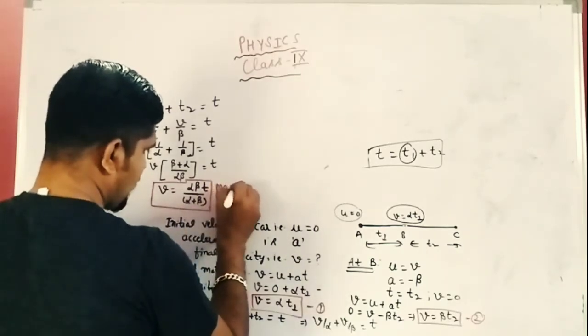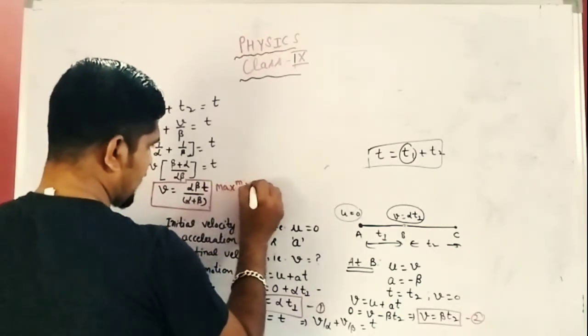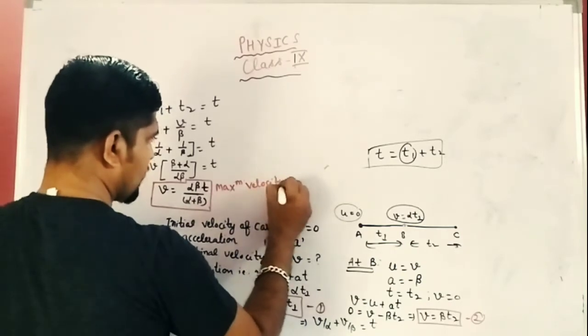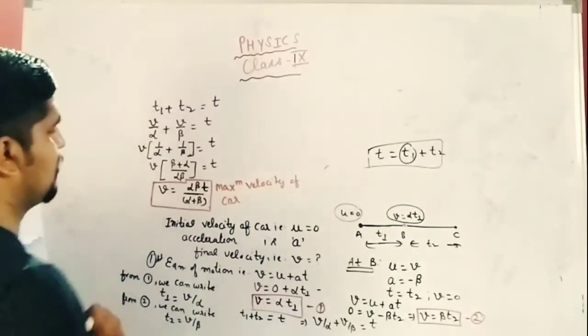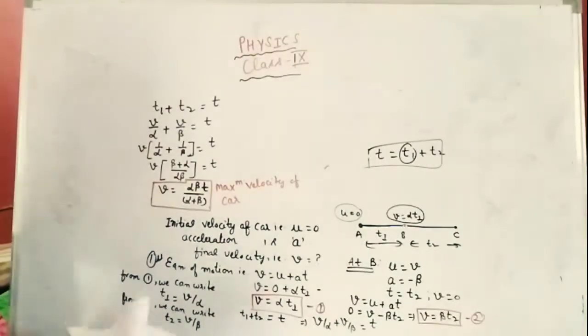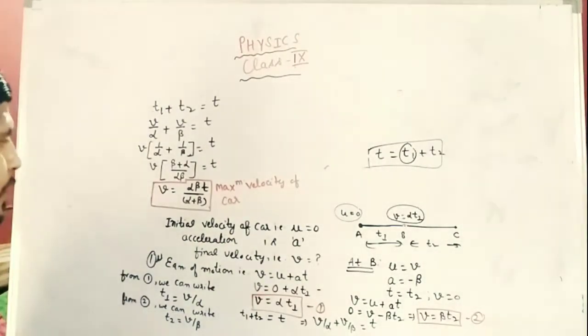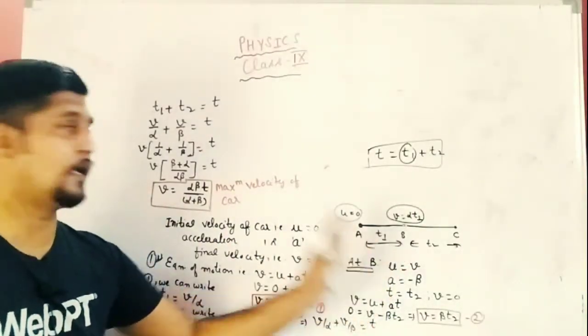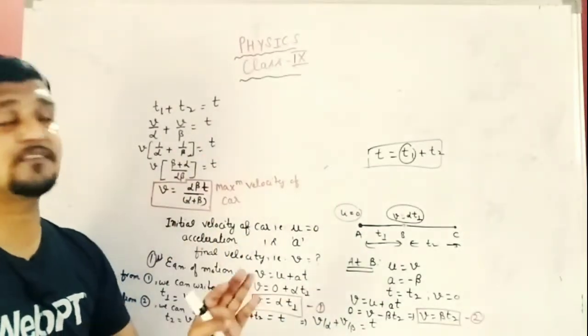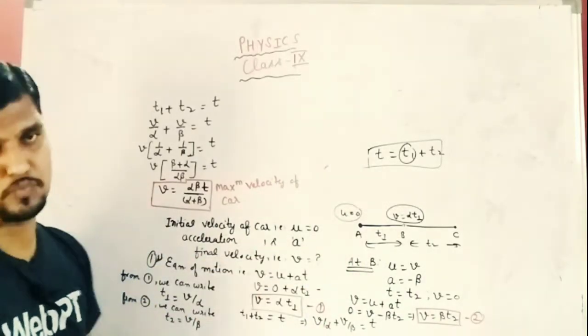So this is the maximum velocity of the car, which is attained by the car during the whole elapsed time T, that is equal to t1 plus t2.